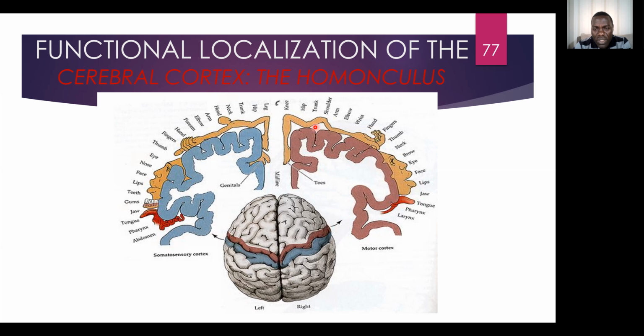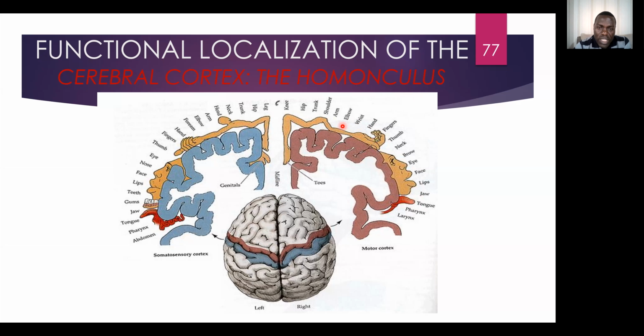Compare that with the region representing the trunk. See, this is the trunk. It's even smaller than what the hand represents. Now, this graphic or topographic representation of the body on the cerebral cortex is what we call the homunculus.